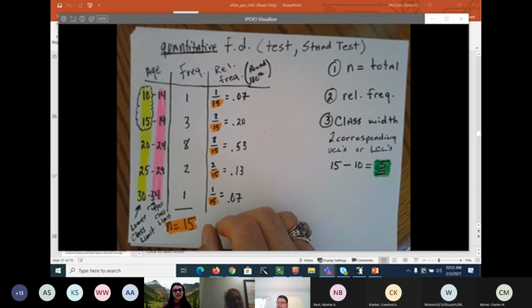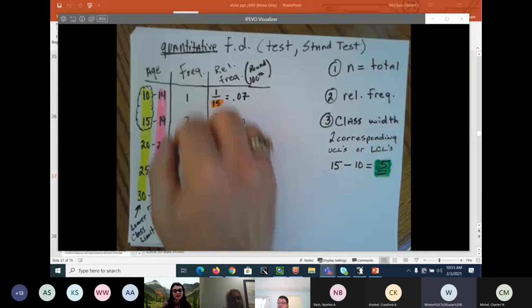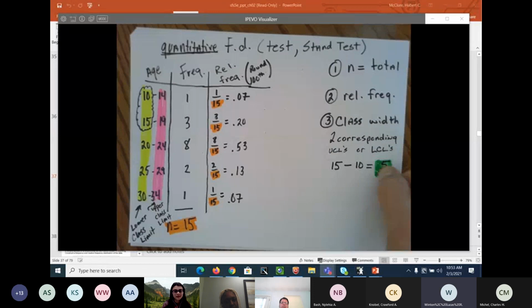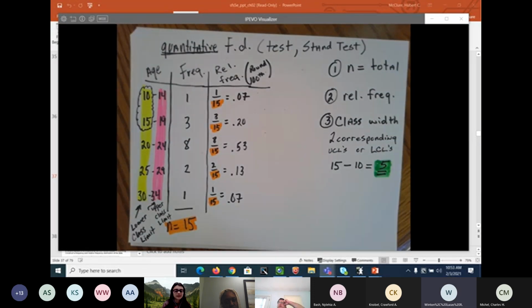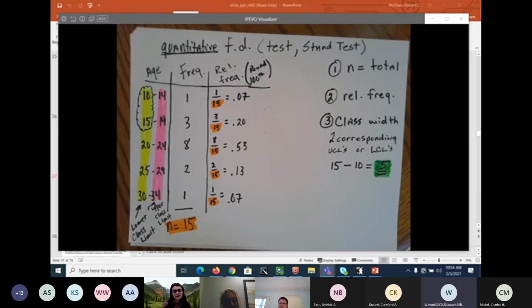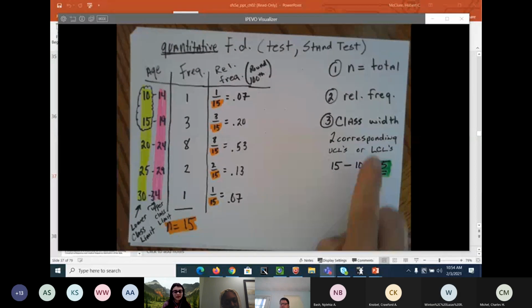So 19 minus 14 is 5. 24 minus 19 is 5. You have to set them up accordingly. Is it going to cause your whole survey to go wacky? No, but it will cause some of your math to go wacky. Okay? All right, so that's how you find the class width.